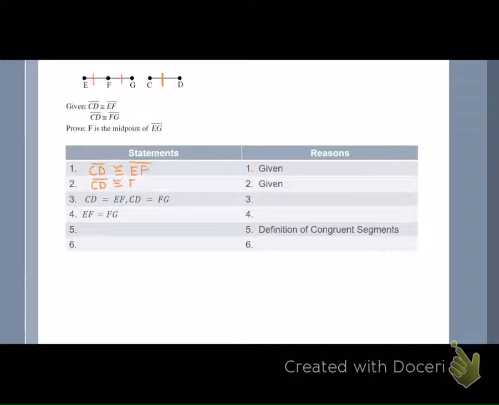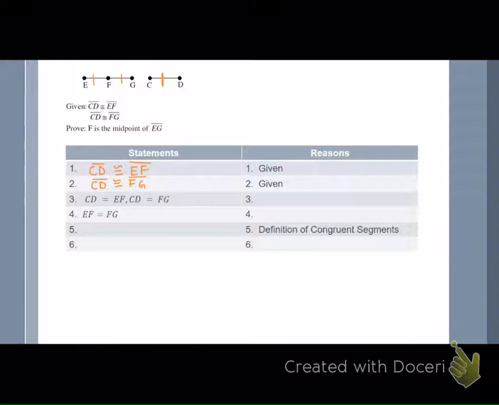Good, those are our given information. So then they say CD is equal to EF and CD is equal to FG. That is to change it to equivalence.